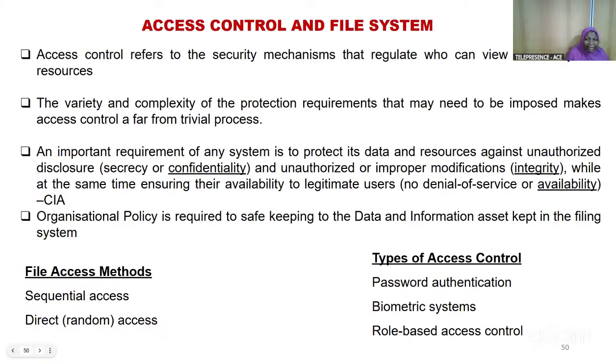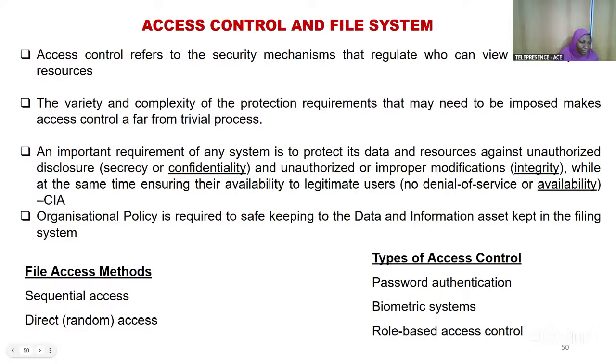That is the I. Then the A now, you have labored much to get this data. You have labored much to get this information. They are now stored as your assets. Now, as these assets are being kept in a way that they are safe, anytime you need it, should anybody debar you from having access to it? That is what we mean by there must be no denial of service.